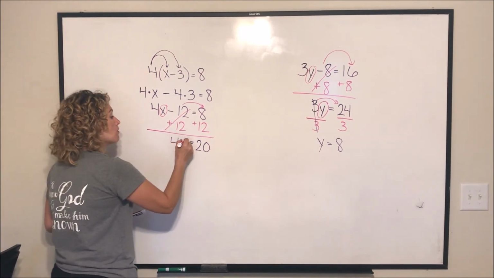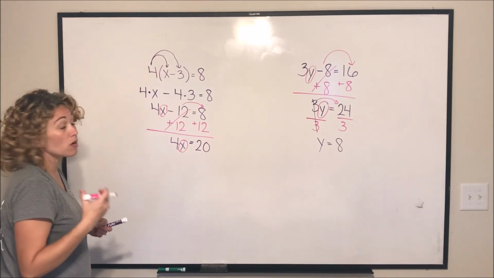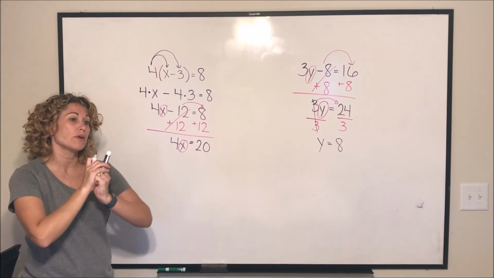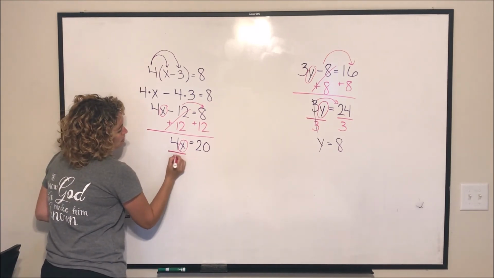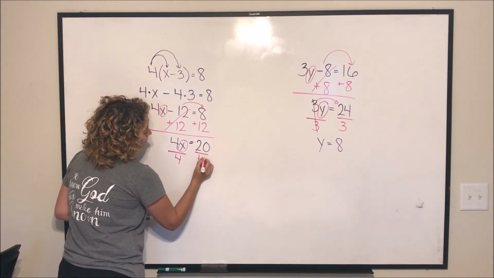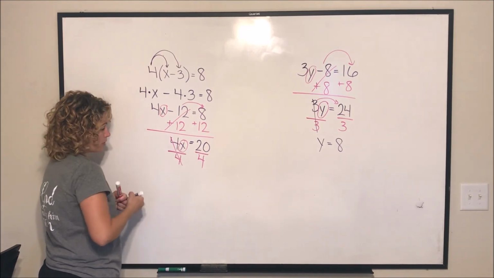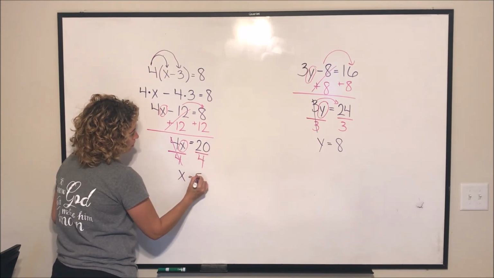We're still solving for x, so we need to get the 4 on the other side. Now remember, this is the mom and dad. They're real close, so we are going to divide them. So we're going to divide both sides by that 4. Okay, the 4's cancel out, and you are left with x equals 20 divided by 4, which is 5.